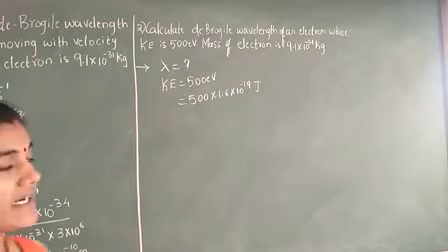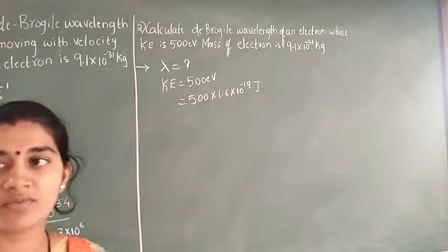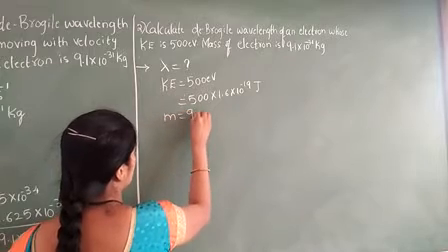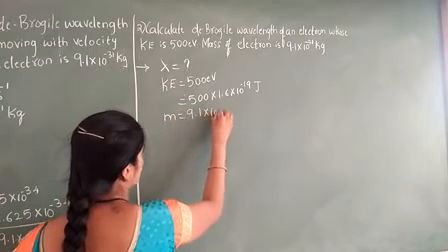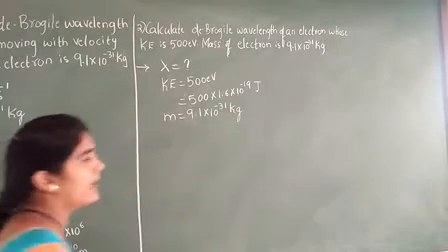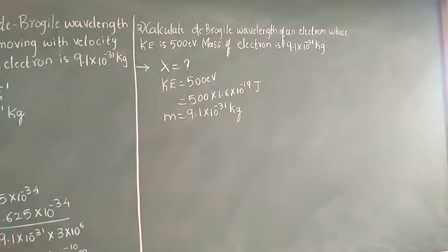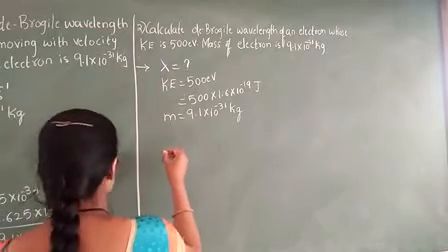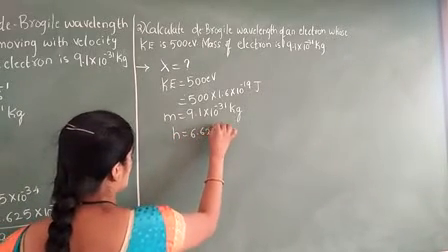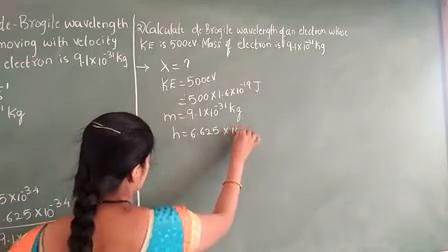Next they have given that the mass of the electron, small m, is 9.1 into 10 raised to minus 31 kg. And we have to know the value of the h. H is equal to 6.625 into 10 raised to minus 34.